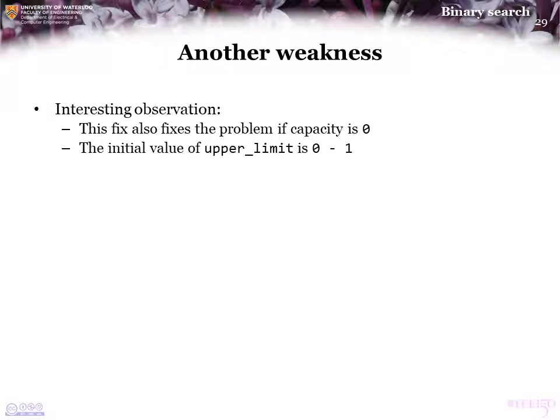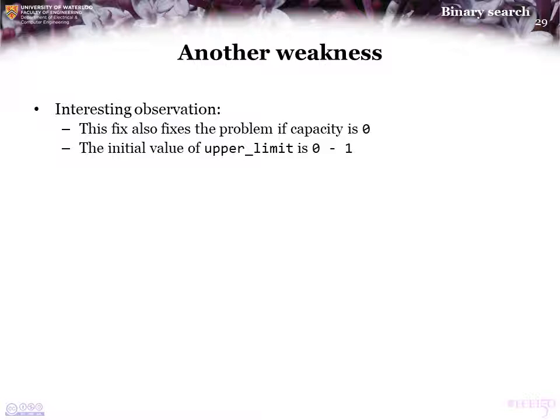Now, here's also another observation. The fix we just made also fixes a second mistake which you may not have noticed. If you tried to run the original binary search we wrote on an array with capacity 0, that means that the array does not contain any entries, and therefore any value we are searching for cannot be in that array, and therefore we expect 0 to be returned.